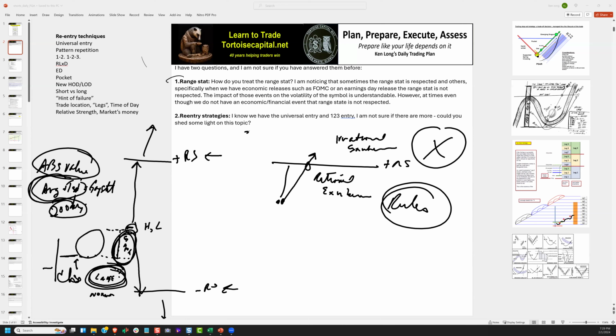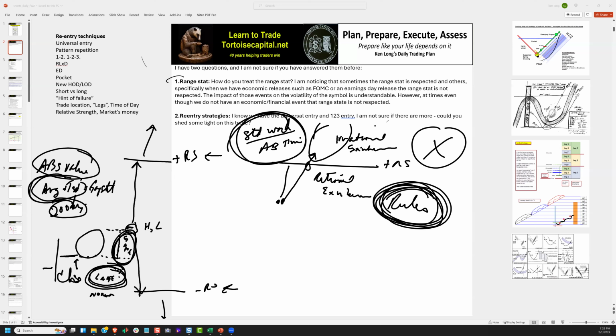We have to have standard work, or new rules, for abnormal times. So I replace the normal rules with the rules for how to manage trades once they get beyond the boundary of irrational exuberance. So that's what the range stat does. And the gap stat allows me to be prepared for days when the move is going to be larger.